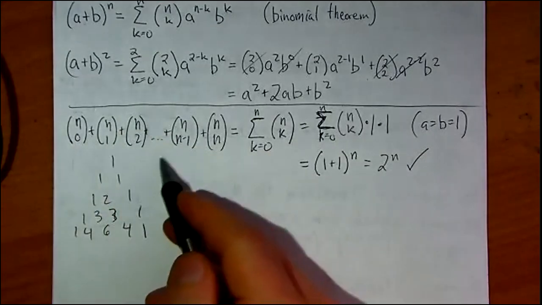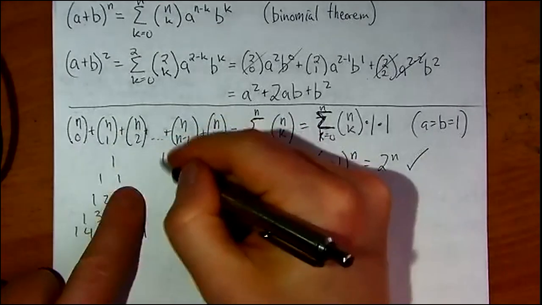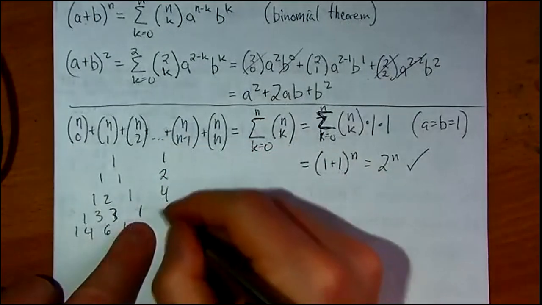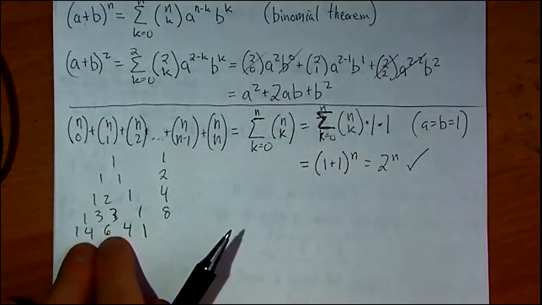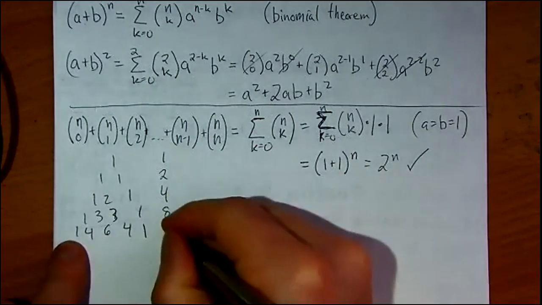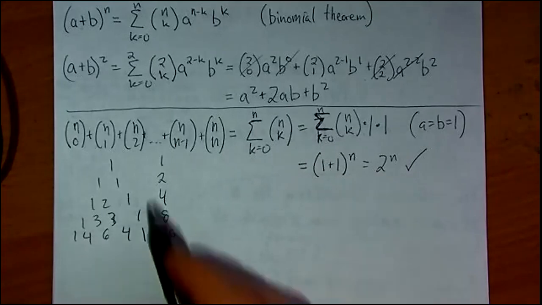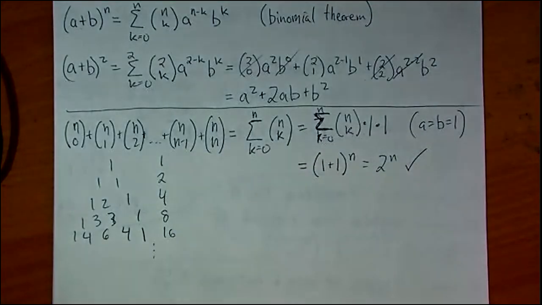Well, let's look at all the row sums. And we've got 1, 2, 1 plus 2 plus 1 is 4, 1 plus 3 plus 3 plus 1 is 8, that makes 16. So it appears to work. Looks like we have a power of 2 for each increasing row. Is everybody happy with that?